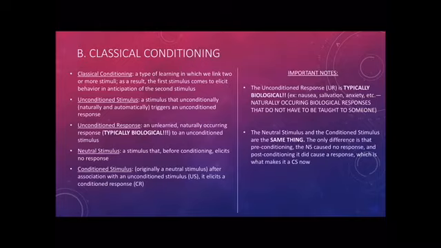But the neutral stimulus and the conditioned stimulus are the same thing. The only difference is that before you conditioned it, the neutral stimulus, the bell, caused no response. It didn't cause salivation in the dog. And after you conditioned it, after you repeatedly paired it with that unconditioned stimulus of food, it did cause a response. Now the bell's causing the dog to salivate, which is what makes it now a conditioned stimulus.